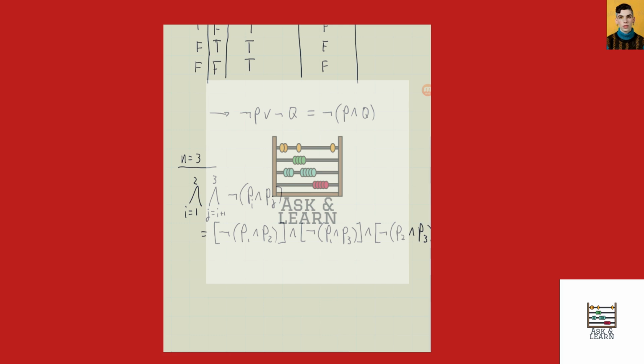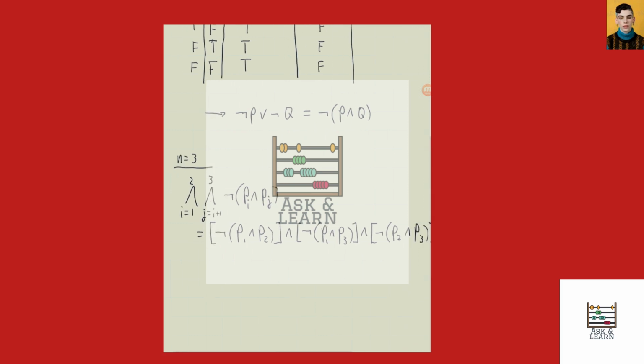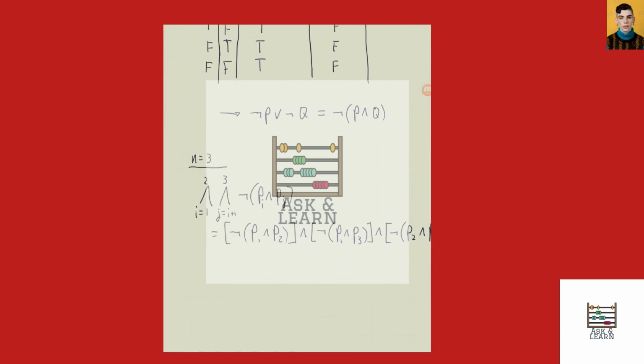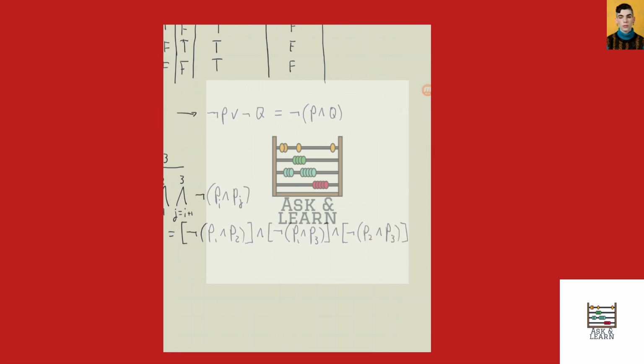So, in this n equals 3 case, we can see pretty directly that if a single proposition is true, then none of these and statements will end up being true. If only one proposition is true, then there will be no and statement which is true.